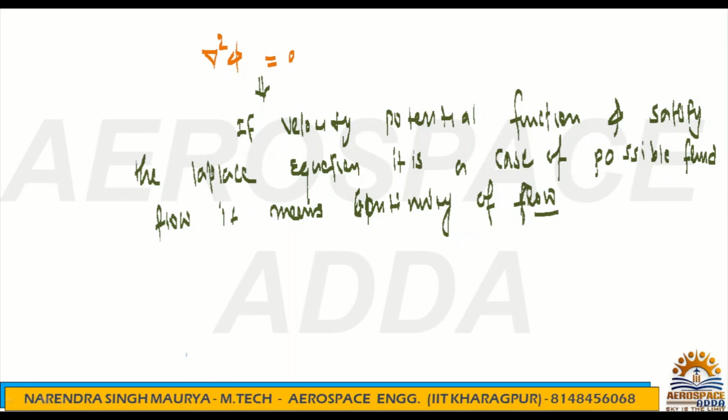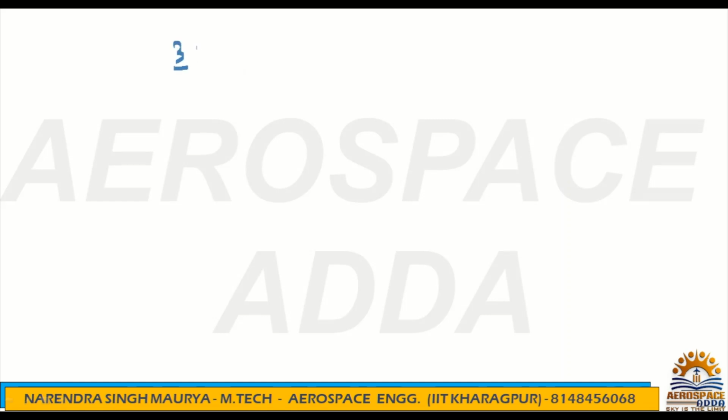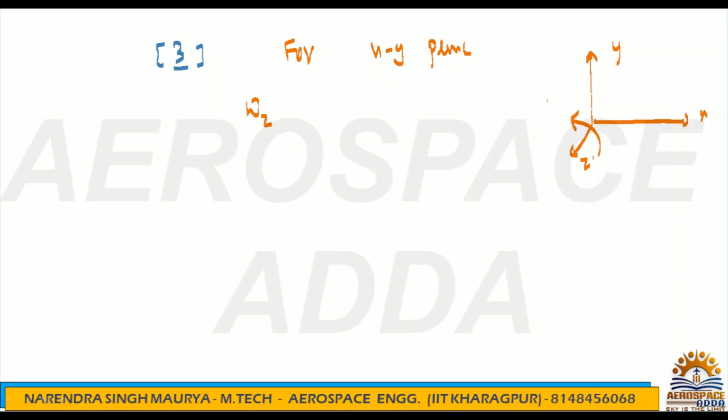Third point I'm going to discuss. Third point, if you want to satisfy this potential function to the angular velocity. So for the xy plane, what is the angular velocity? Obviously it will be ω_z, right? Because this is the xy plane, x and y, so the perpendicular axis will be z, and about this z we will have angular velocity ω_z. So what is ω_z? It's 1/2 (∂v/∂x − ∂u/∂y).